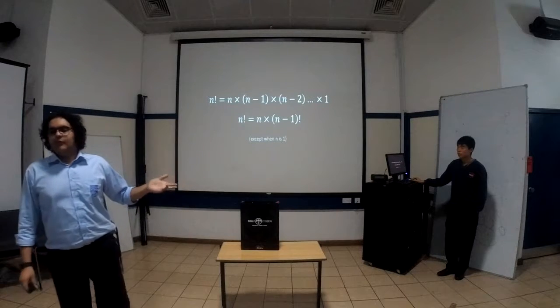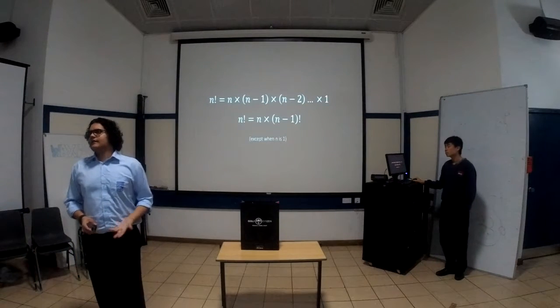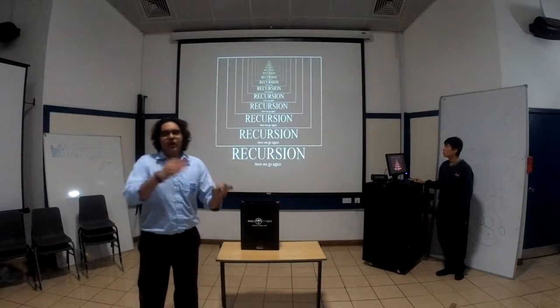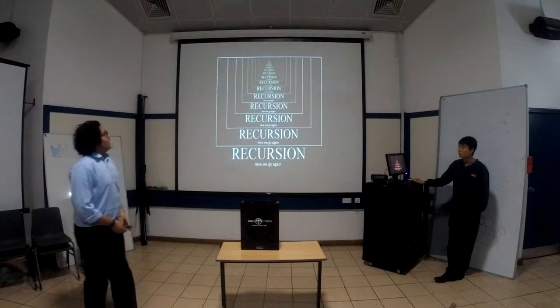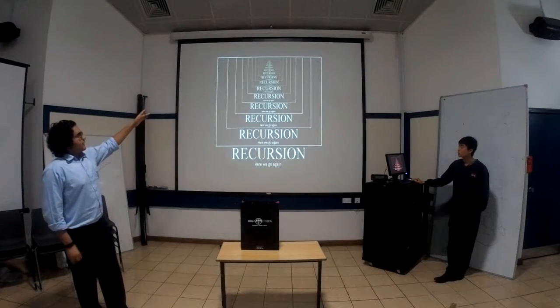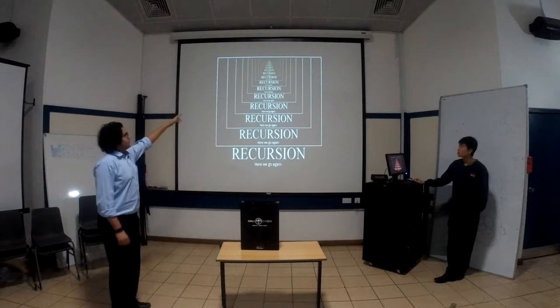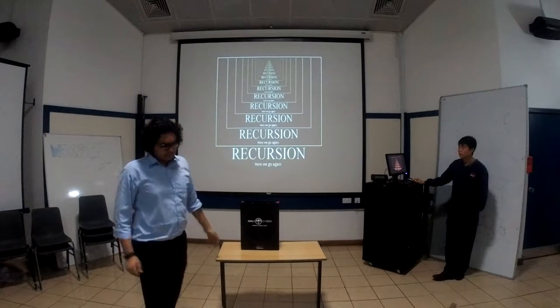In that case, we just say that n factorial is 1. This is an example of a base case in recursion, a case that you stop at. You don't keep going back into infinity like you would see in this picture. It doesn't look infinite because the detail on the screen runs out, but this picture is kind of an infinite recursion, what happens when we don't define a base case.